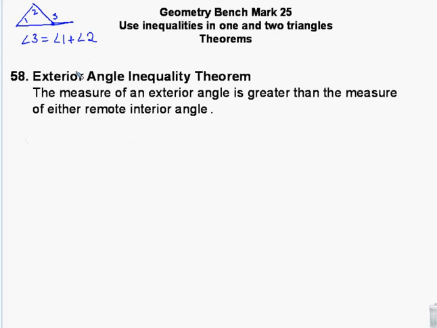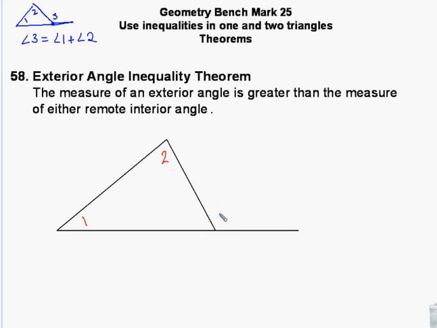That is what brings us to the exterior angle inequality theorem, which tells me if I have a triangle with an exterior angle, angle 1, angle 2, and angle 3, because angle 3 is equal to angle 1 plus angle 2, angle 3 has to be greater than angle 1, and angle 3 has to be greater than angle 2.